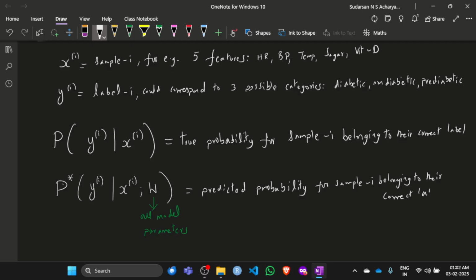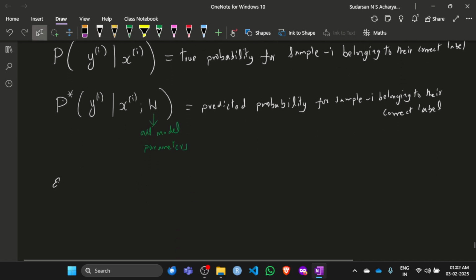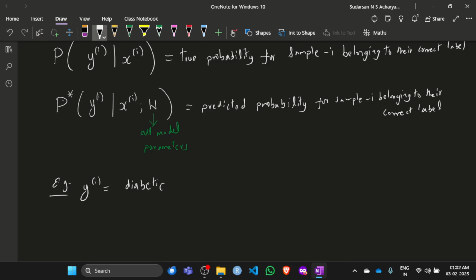So you see there are two distributions, right? For example, let's say that patient y_i is diabetic. So what is the true distribution? The true distribution we know is one-hot encoded, right? We always write the information corresponding to a sample as a vector. The true distribution is: diabetic has probability 1, non-diabetic is probability 0, pre-diabetic is probability 0, right?